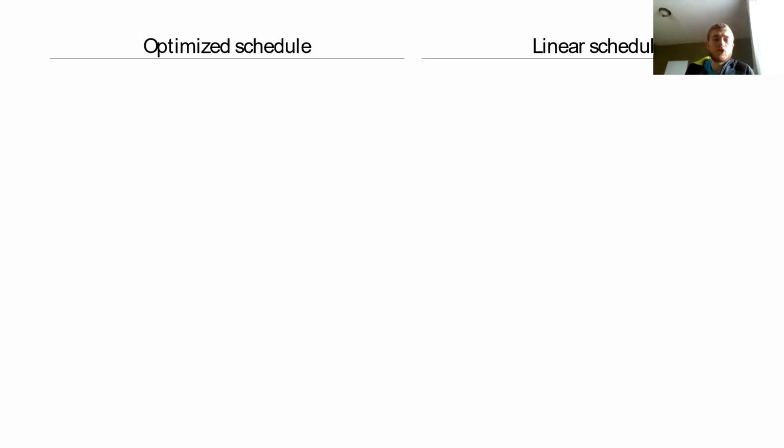In other words, the optimized schedules have smaller annealing times. Why do the linear schedules not work with those smaller annealing times? What goes wrong? We track this essentially with the populations of the different basis states of our system.